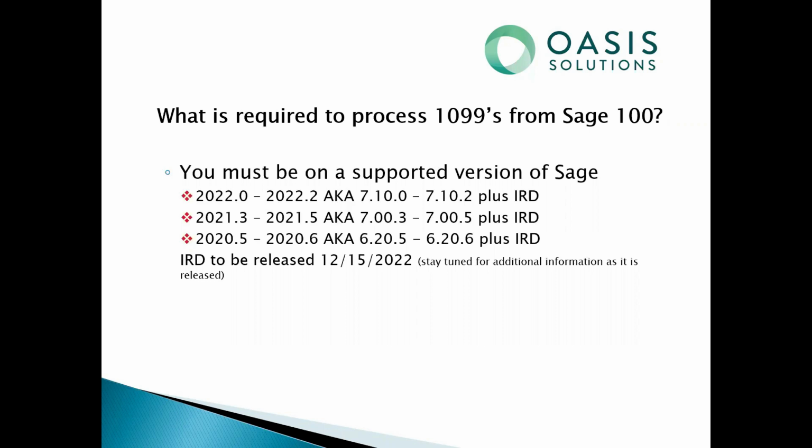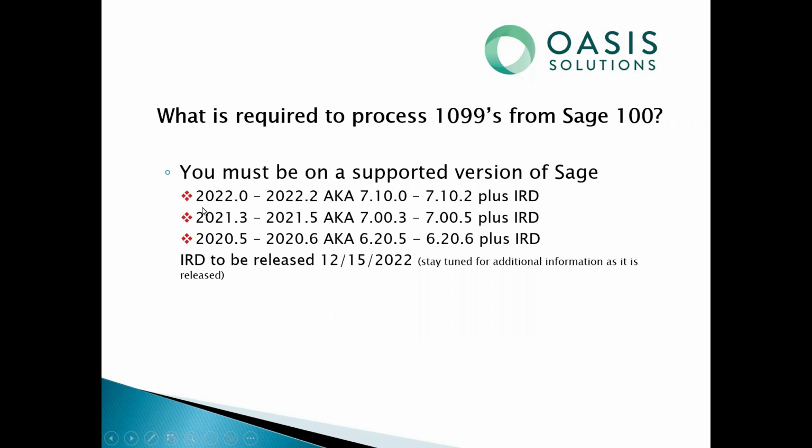So back in 2020, the IRS made a big change and created, or they didn't actually create, they resurrected 1099 NEC, which is a non-employee compensation form. I'm going to talk about that a little bit more.